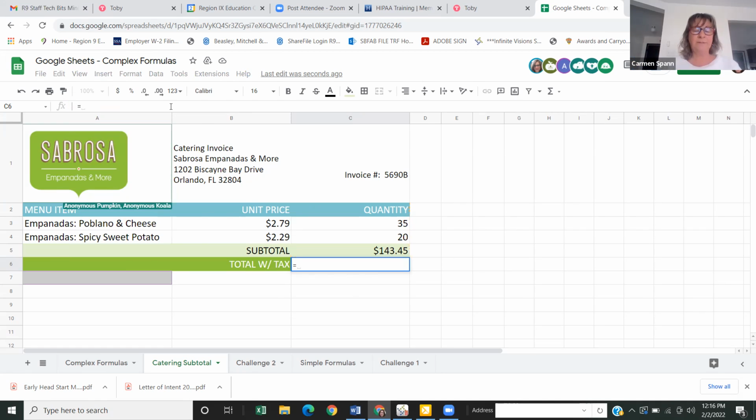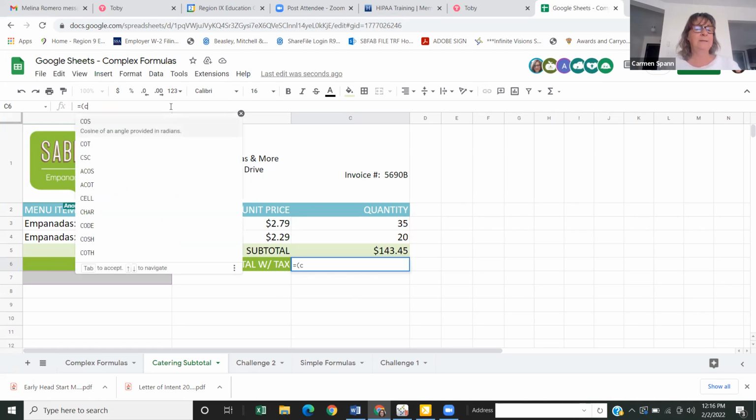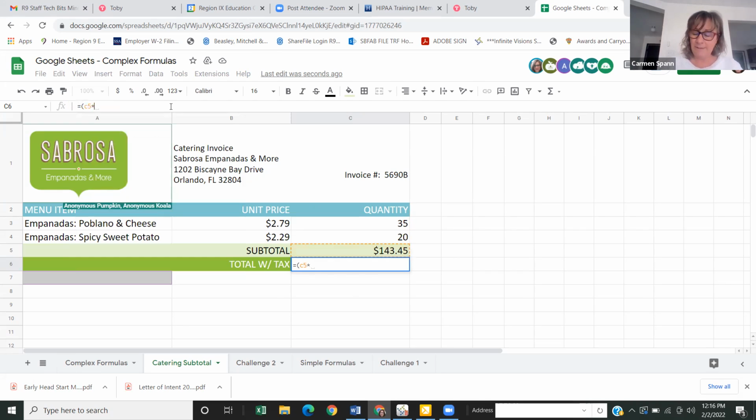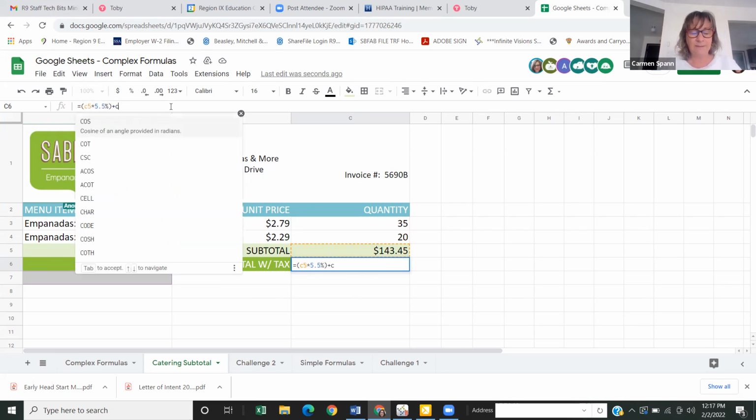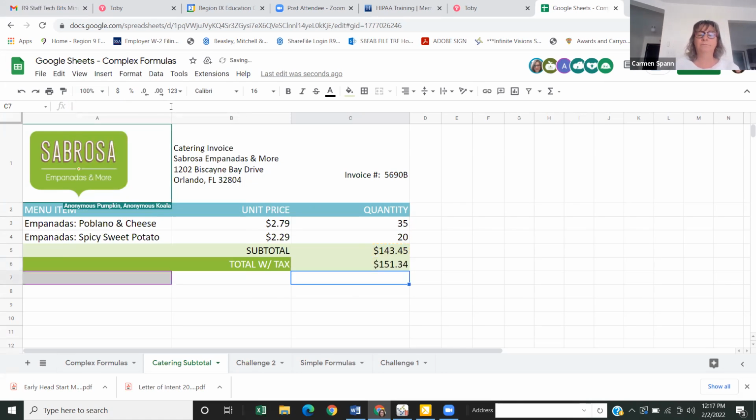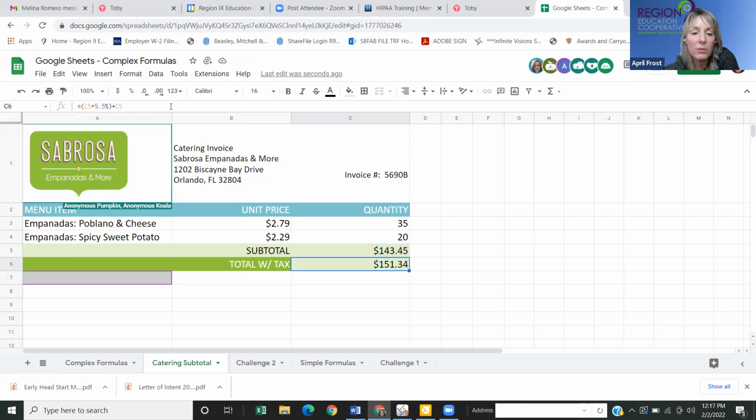Okay. Equals parentheses C5 times 5.5% plus C5. Total with tax. Okay, good job. So let's go back to your formula again and walk through. At the top, she did an equal parentheses C5 times 5.5%, right?